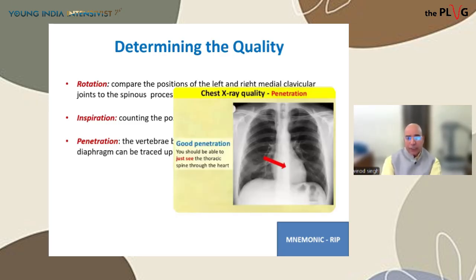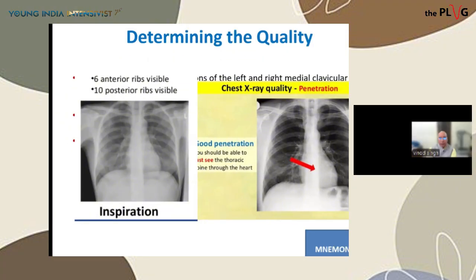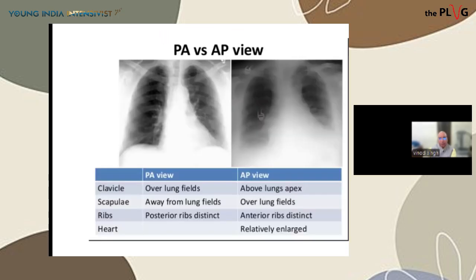In a well-penetrated PA view, you can see the thoracic vertebrae, the thoracic spine through the heart. Also, you can see up to the 6th anterior ribs in the PA view and up to the 10th posterior ribs. Remember, these things are not visible most of the time in the AP view, which is taken in the sitting position or many times in the supine position in the ICU.